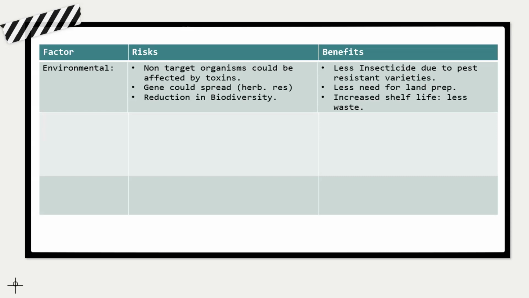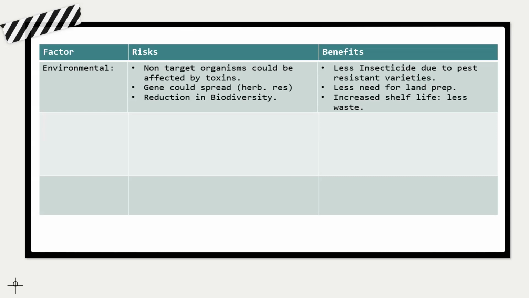So if you are modifying a crop to be resistant to certain types of insects, what you've put in there could then be toxic to other insects as well. The genes could spread, so you could end up with some herbicide resistance. You could get cross-pollination from your GMO crops and other crops, causing such things as herbicide resistance. Then you can't kill volunteer crops that grow in amongst other crops.